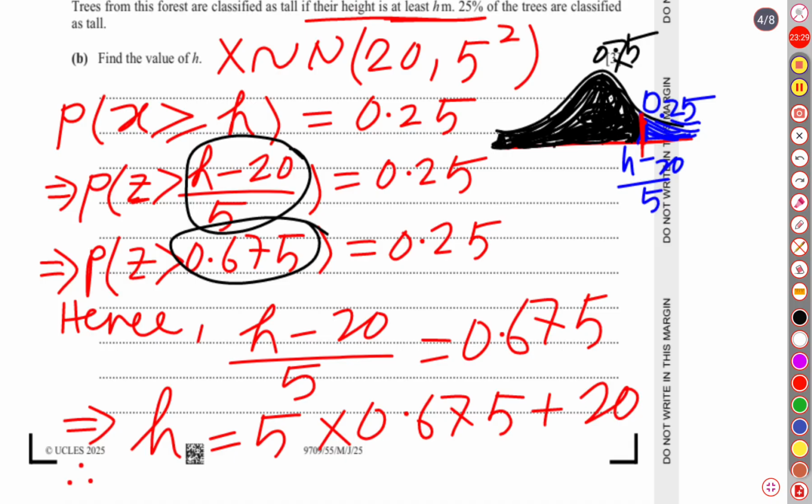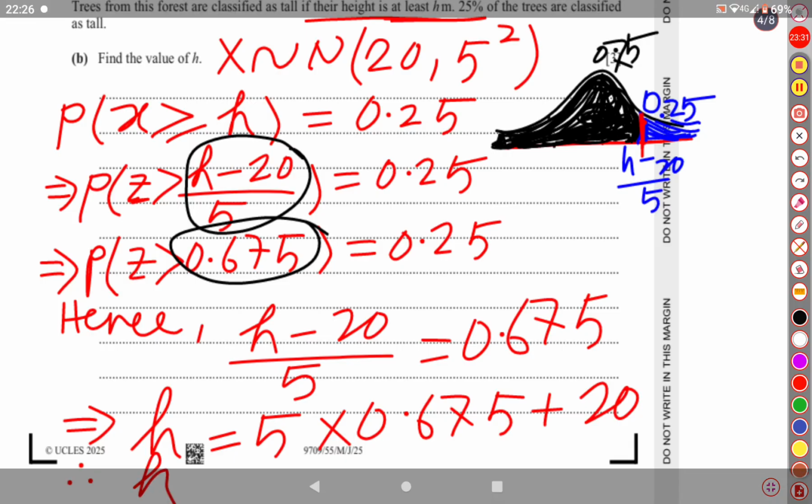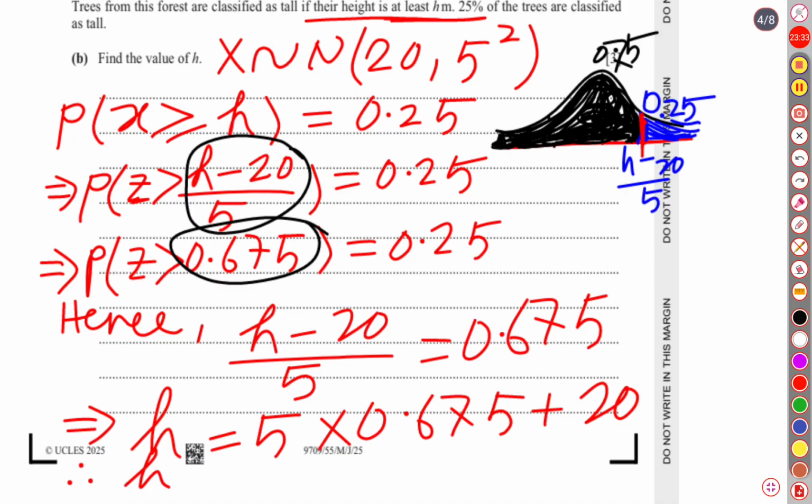Hence our h is equal to 5 into 0.675, let me use my calculator, 3.375 plus 20, so it is 23.375. If we round it up to 3 significant figures, it is going to be 23.4. So that is what our value of h is.